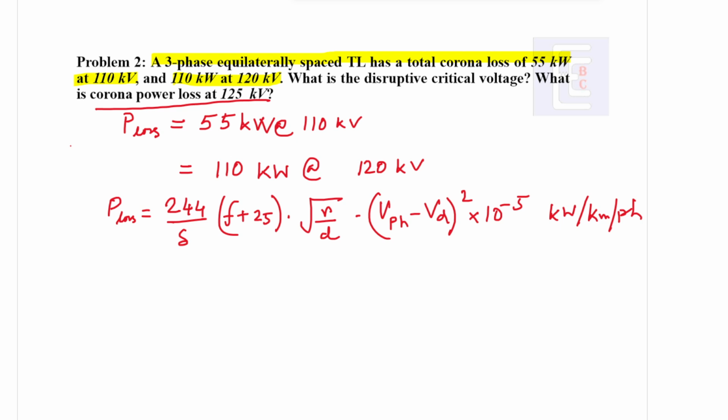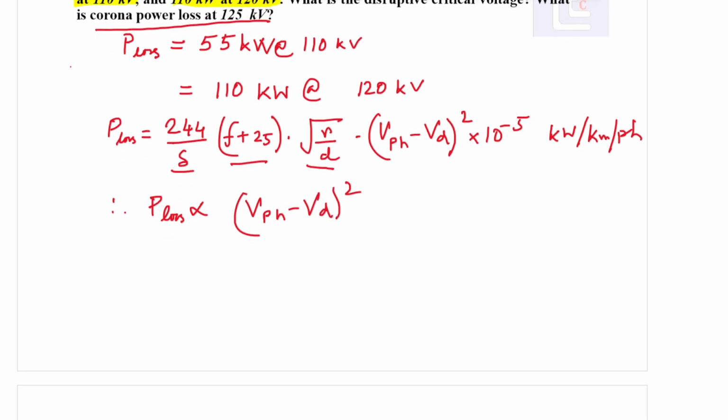Now as you can see, 244 by delta is constant, F plus 25 is constant, root under R by D is constant. So you can directly write P loss is directly proportional to V phase minus VD whole square. Or you can write P loss is equal to some constant K times V phase minus disruptive voltage whole square.